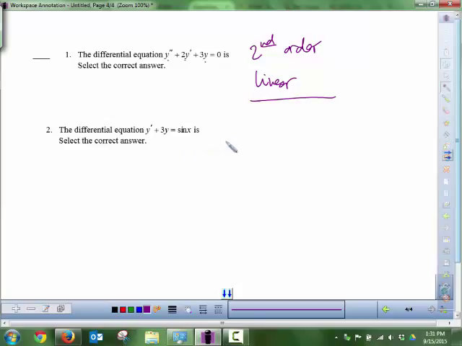What order is this? This is first order linear. So if it's first order, we know it's linear. Can we also check if it's separable? Is it separable?